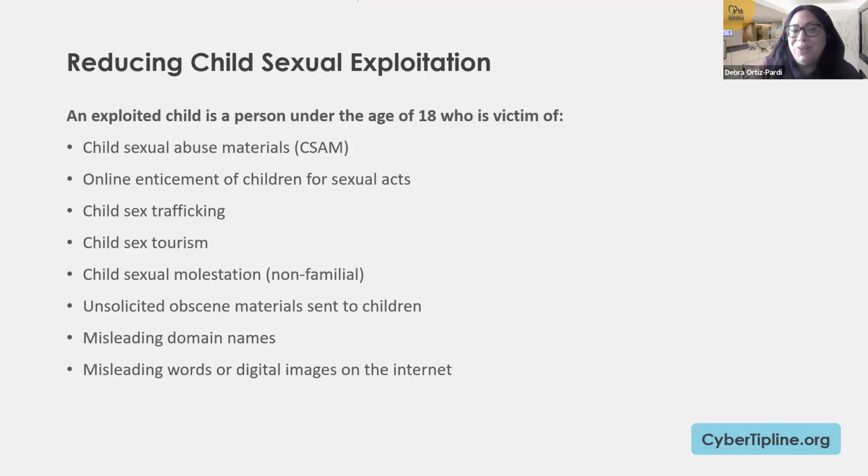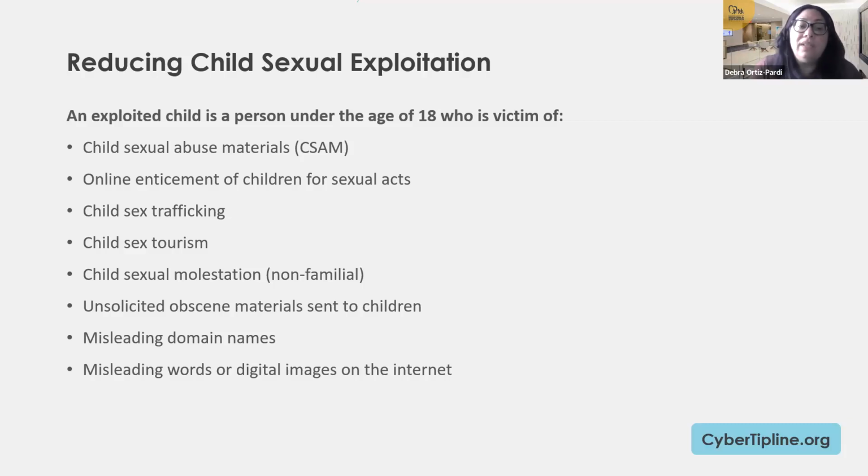And please notice that I'm not using the term child pornography, and that is very intentional. The language around this issue has changed over time. The term pornography really implies consent, and of course, minors cannot legally consent to sex, and certainly not to child sexual abuse. But let's call it what it is. These are depictions of abuse that's happening.